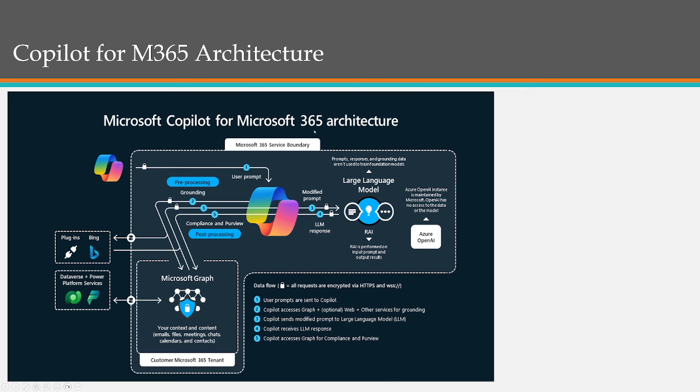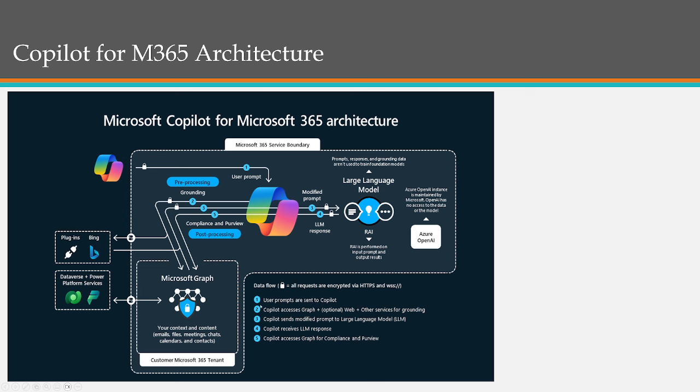There are broadly five or six components that everyone uses: Outlook, PowerPoint, Word, Excel, and others, right? These are the predominant Microsoft 365 suite. This is the architecture: how Copilot is used in Microsoft 365, and how the data flows to the Copilot, and how you get the response.